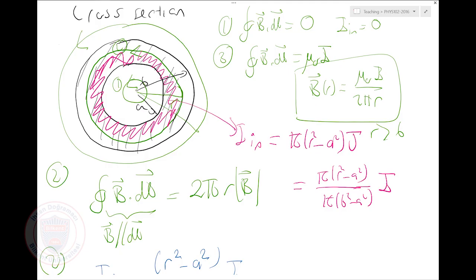Inside the magnetic field will be 0, but otherwise, if the current is coming towards me, the magnetic field will always rotate counterclockwise, just like the Amperian loop I have drawn, right? Any questions? No?